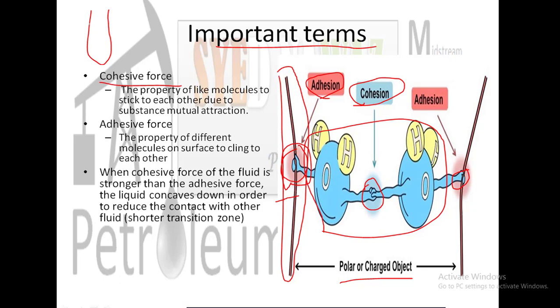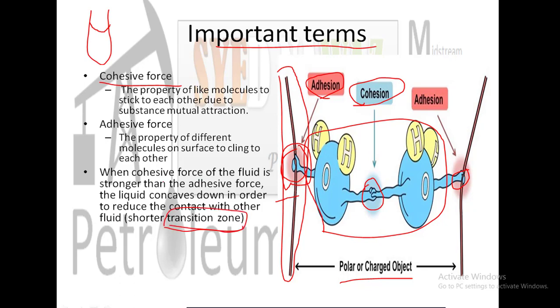So if the cohesive force is stronger than the adhesive force, then you will see a concave down type of structure, a lower meniscus, as you can see. Okay, then this leads to a shorter transition zone.